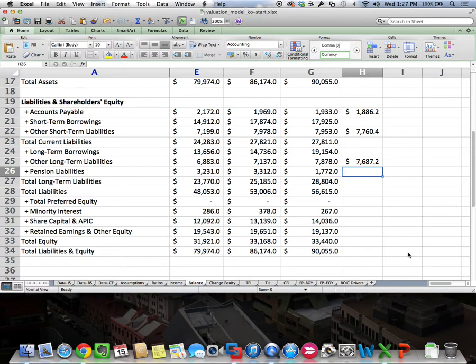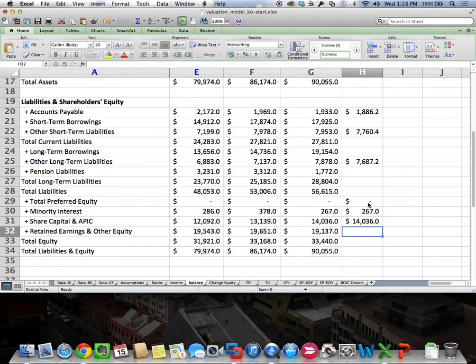So come down here to equity, and I'll start with preferred equity. Target capital structure equals preferred equity doesn't change, equals previous year. Minority interest equals previous year. Share capital and additional paid-in capital equals previous year. The only thing that's going to change is the retained earnings.